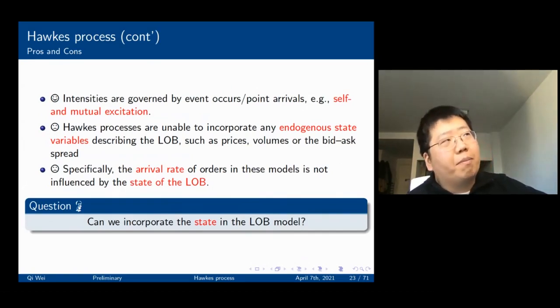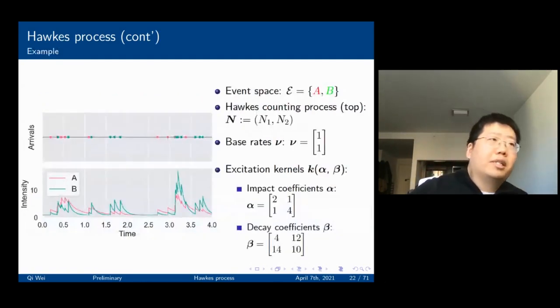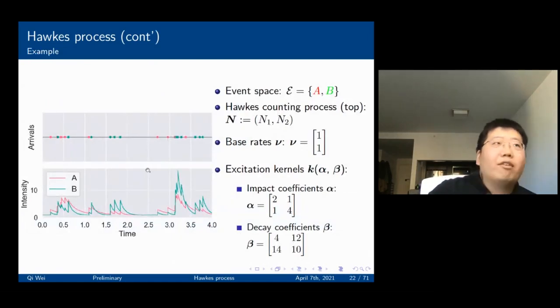But the part we are not very happy with is that Hawkes processes are unable to incorporate any endogenous state variables described in the limit order book. What does that mean? Imagine that when I show you this figure, it means that when you have an event arriving, no matter what the market looks like, no matter whether it is for Google stock or Amazon stock or JP Morgan stock, you have something similar.